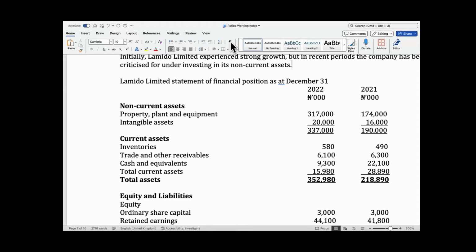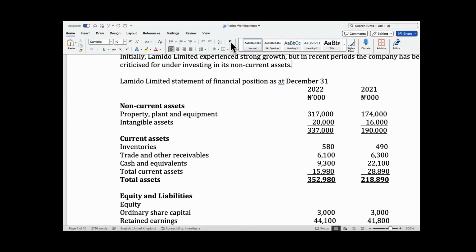Also, EPS can easily be affected by the accounting policy choice of an organization, because the accounting policy that you choose can seriously impact your profits.